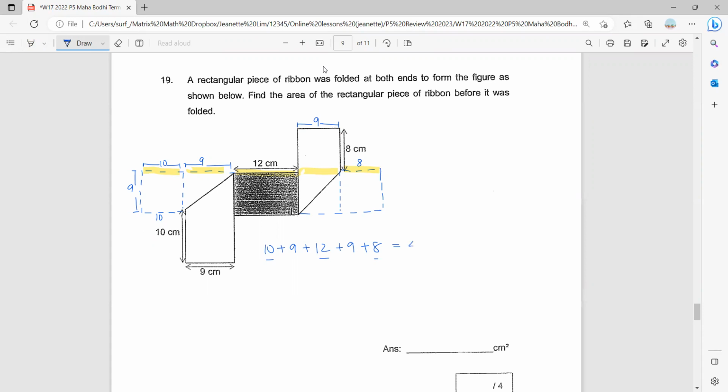So that's 48. This is the length. Now you want to find the area, just multiply it by the breadth, which is 9. So 48 times 9. Four times 9, 36. So this is 432 square cm.